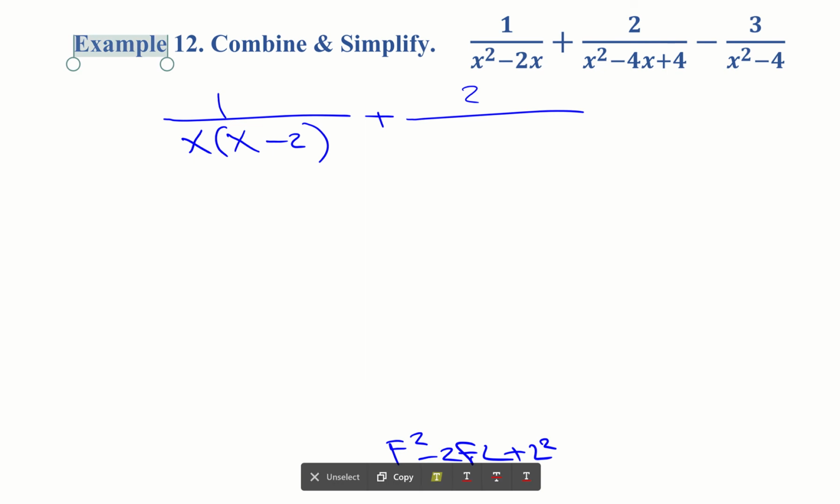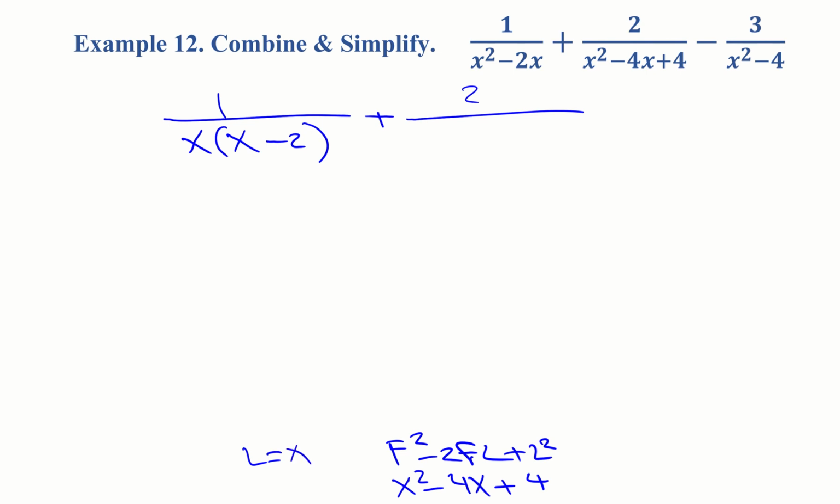So we notice that if we just bring that down here, F is x, and L is being played by 2. So this is just going to be x minus 2 squared. Because remember, that expression factors as quantity F minus L squared.